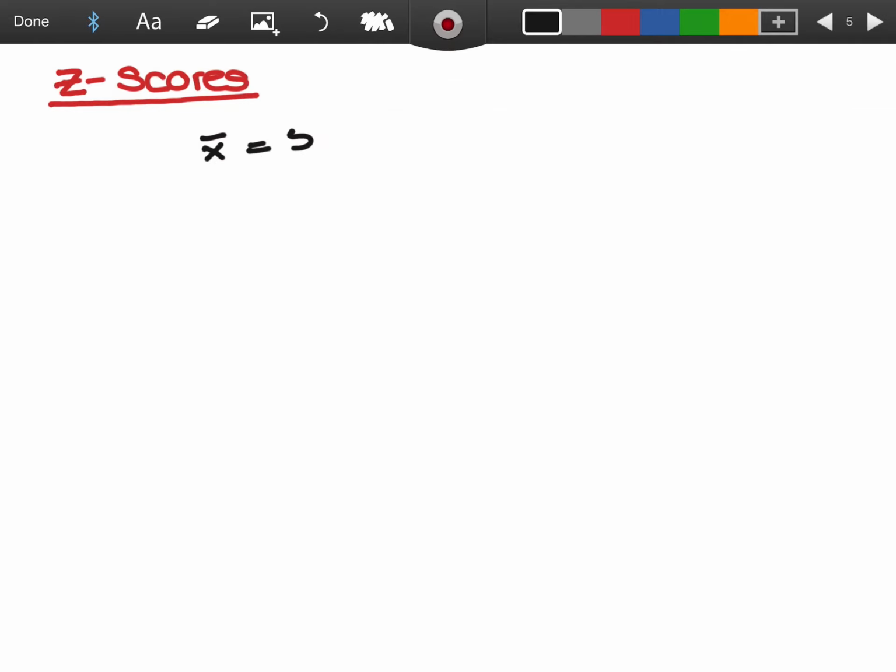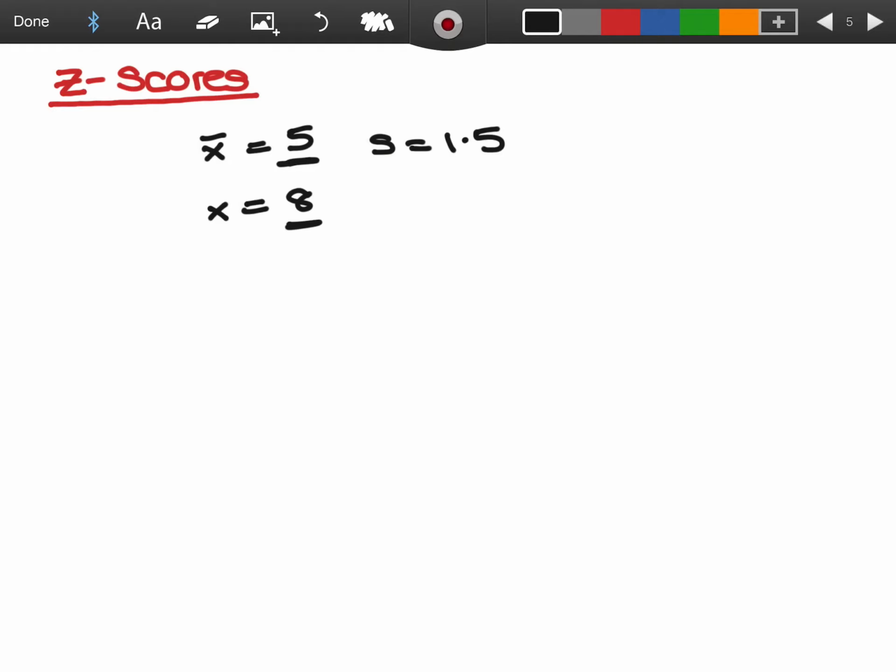So if we had, this is just a very quick example, a mean of 5 and the data point that we were looking at in this sample was 8, okay? And let's say that our standard deviation for this sample was 1.5. Now, you know that our data point of 8 is 3 above the mean.